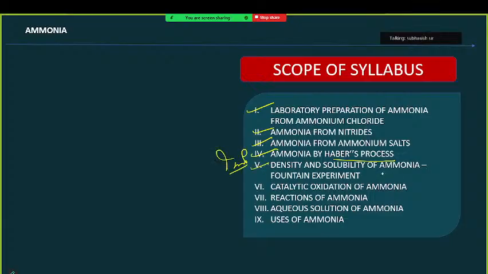Density and solubility are similar to hydrogen chloride. Already we have discussed the fountain experiment, which can also be carried out in the case of ammonia. Then the catalytic oxidation reactions of ammonia, the aqueous solution of ammonia, and some of the uses of ammonia.